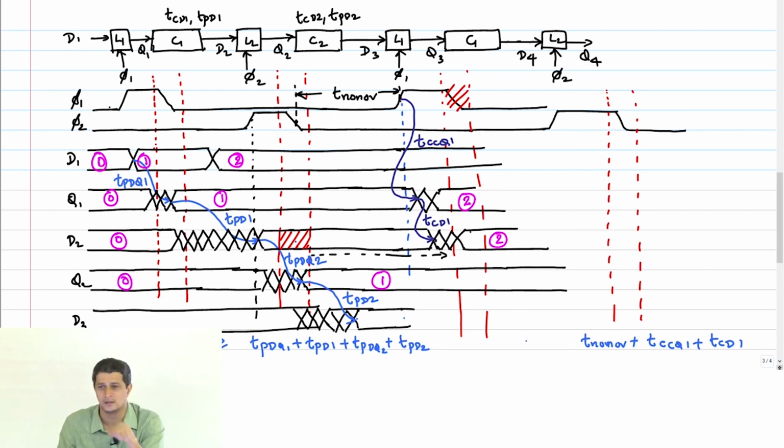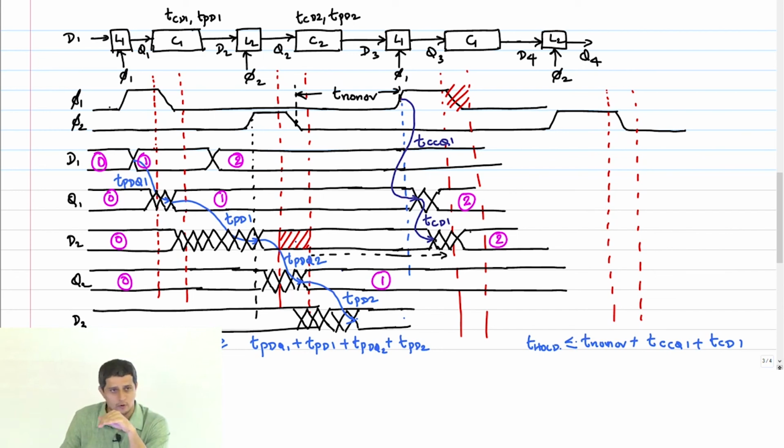And on the other hand, I have T hold. What is the constraint now? T hold should be less than this, right? The change should happen outside that hold window.